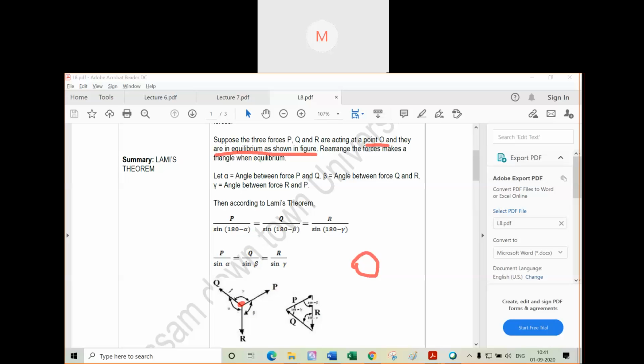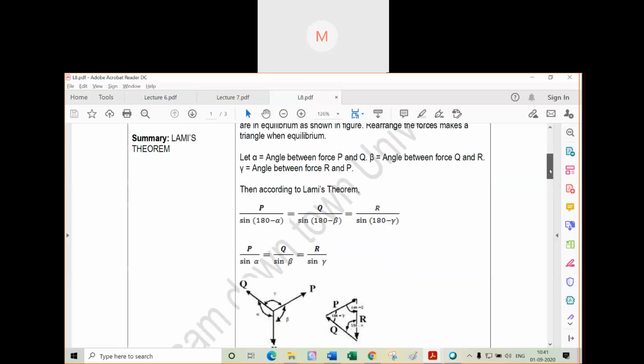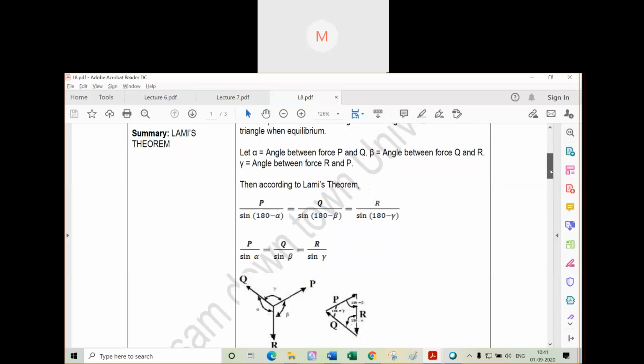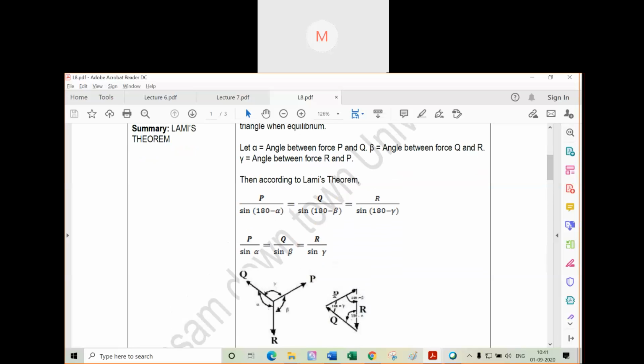Look, this whole thing is making 360. That is why this is in equilibrium. So what happens? If you rearrange this, they will be making a triangle.